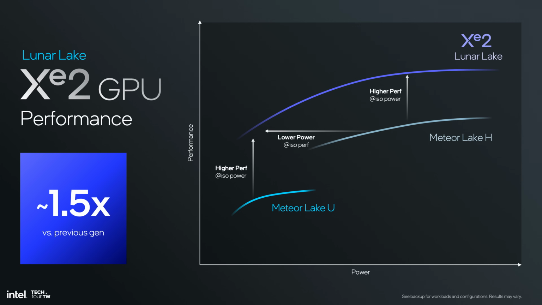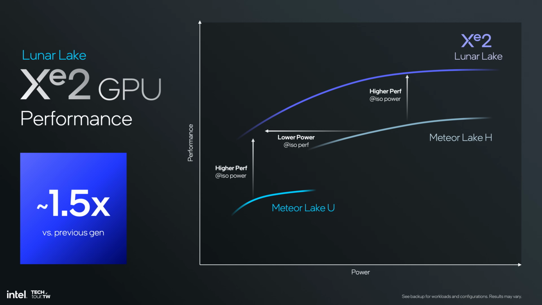Yeah. So I think I have a curve in there you can pull up, which is effectively a frequency diagram. This picture here, the Xe2 GPU performance picture you're looking at, says that we are 1.5x versus the prior generation. And the way to think about that curve on the top is Xe2's GPU performance. You can see compared to Meteor Lake H and Meteor Lake U, we're always above the line, which means that at any power, we're going to deliver higher performance. And it also is one line versus two lines.